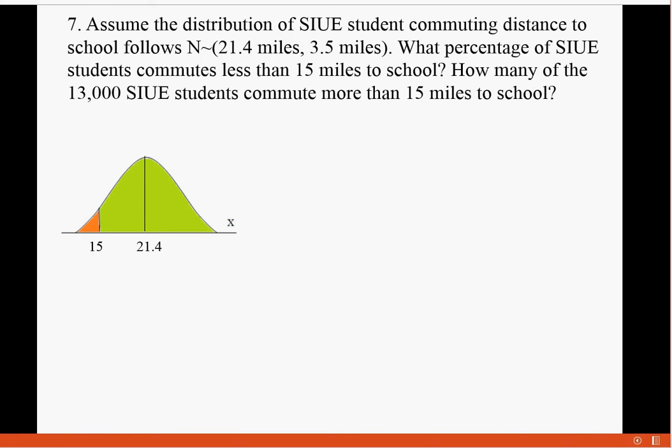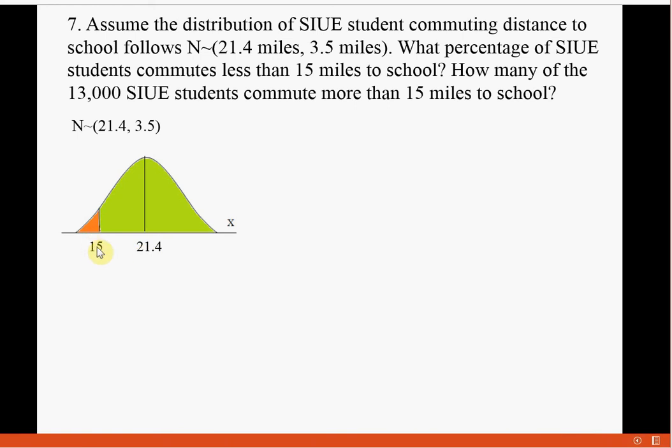Let's first do the first part of the question. This distribution we succinctly express as: the mean is 21.4, the standard deviation 3.5. What percentage of students commute less than 15 miles to school? That means 15 miles is to the left of the mean.